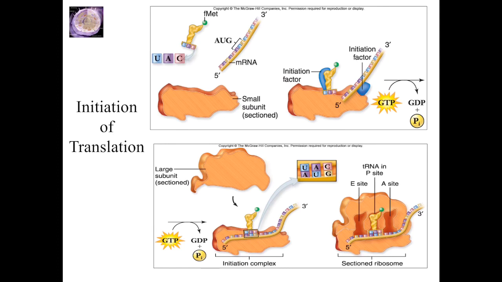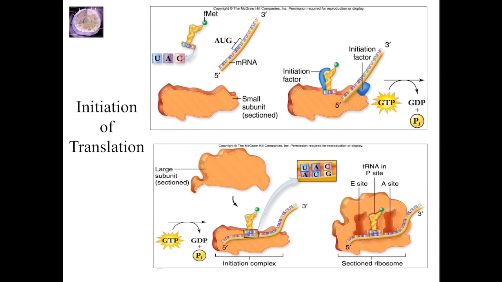And the close-up shows you that the first start codon on the messenger RNA is always AUG. So that's 5' AUG 3'. Therefore, the tRNA that's a complement of that has the anticodon 3' UAC 5'.